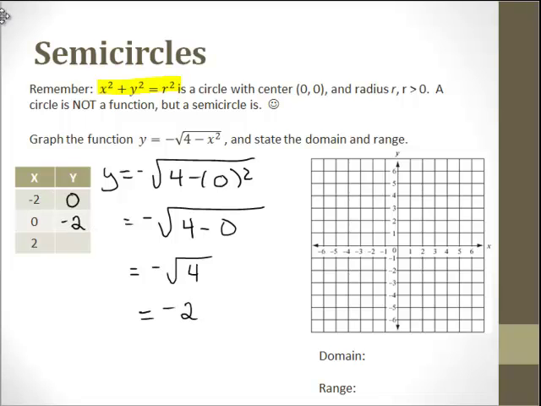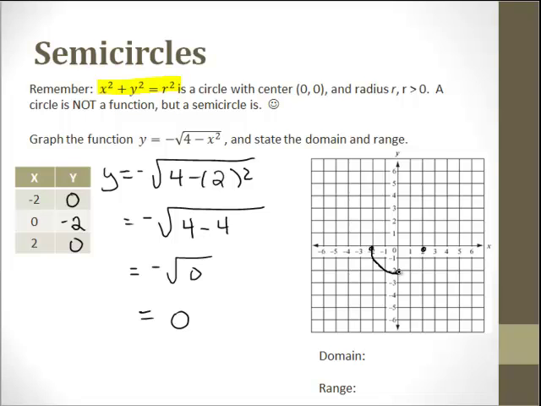Okay, so what if we were to put a 2 in there? Two squared is 4. 4 minus 4 is 0. Square root of 0 is 0. So we have negative 2, 0, 0, negative 2, and 2, 0.